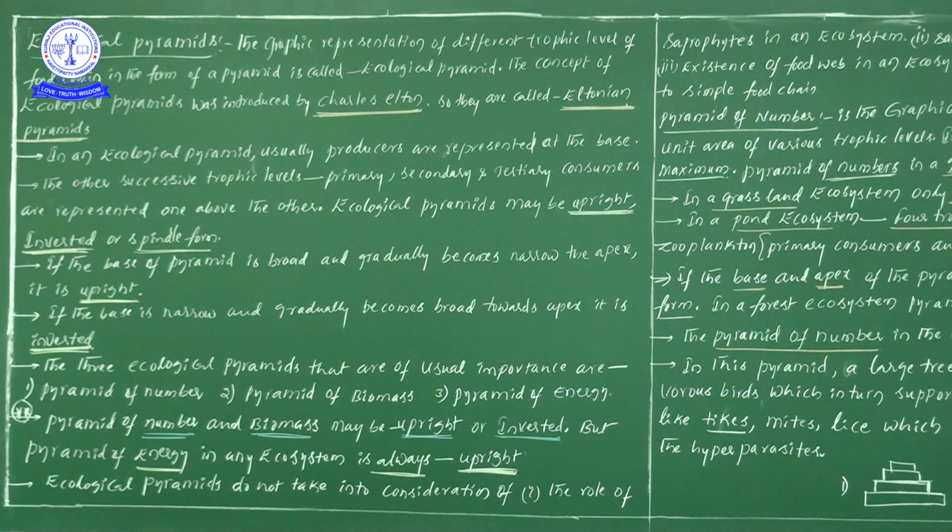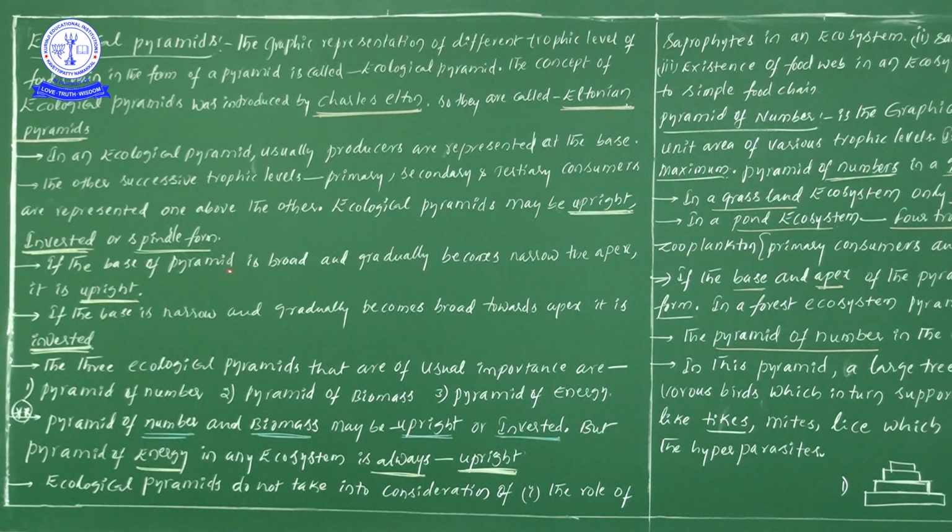Ecological pyramids may be upright, inverted or spindle form. These three forms are very important.